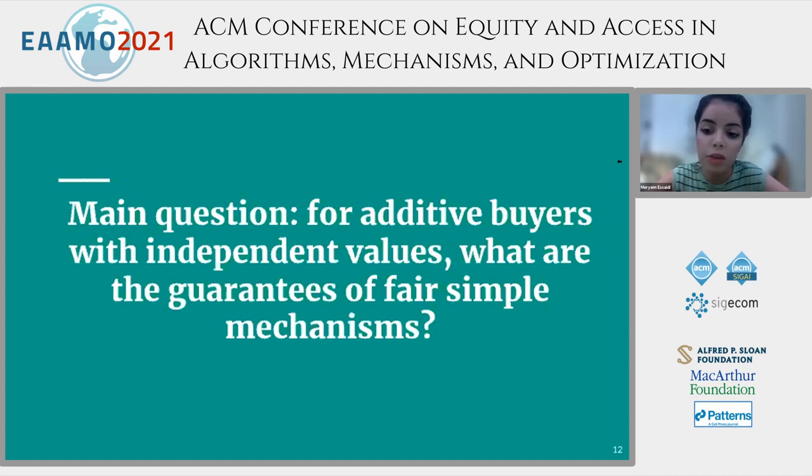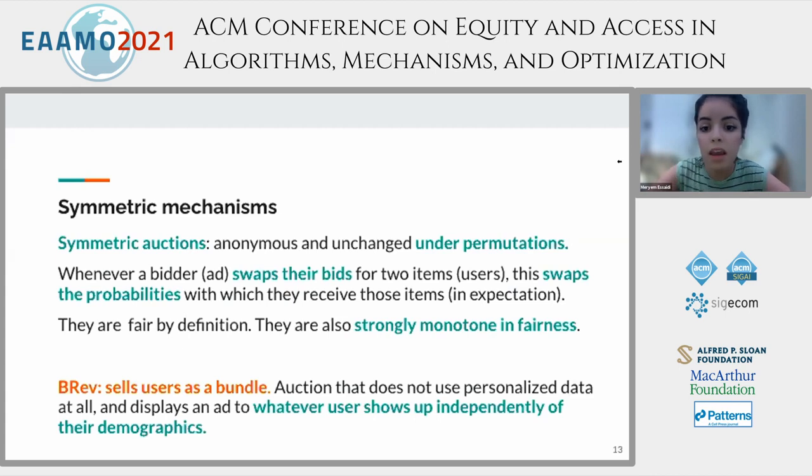And we're going to focus on a subset of mechanisms that satisfy interim fairness and strong monotonicity in fairness, which are symmetric auctions. Symmetric auctions are anonymous and unchanged under permutation. So whenever a bidder swaps their bids for two items, they swap the probabilities with which they receive those items too.